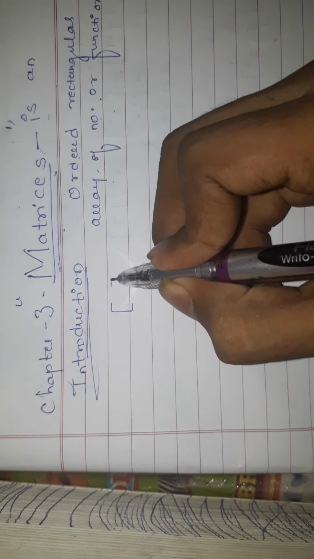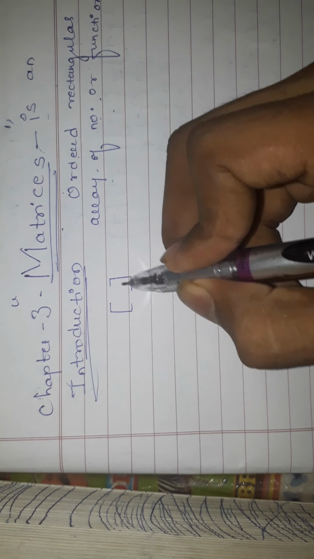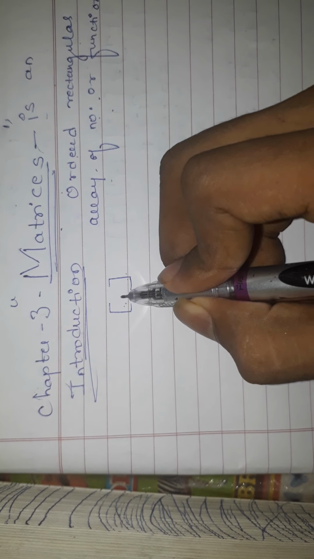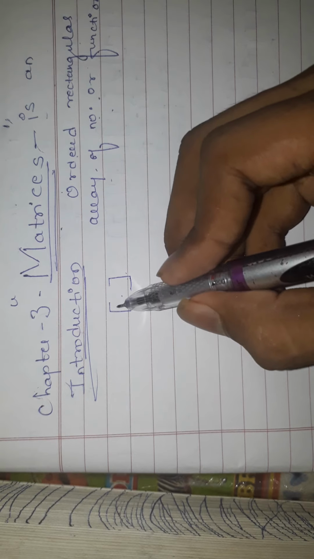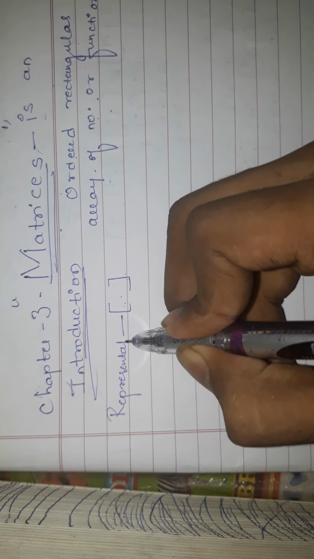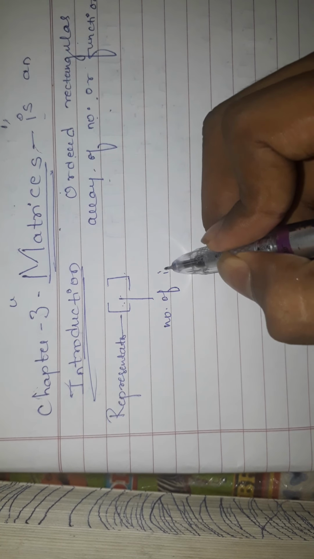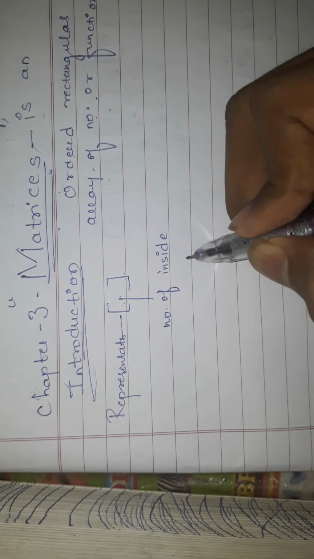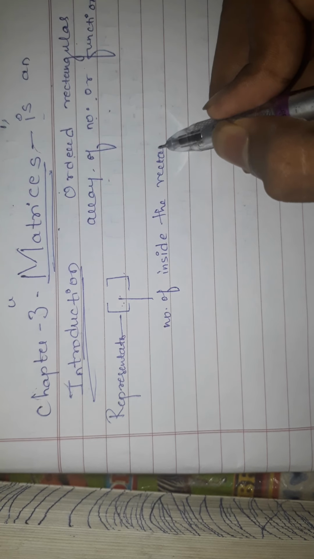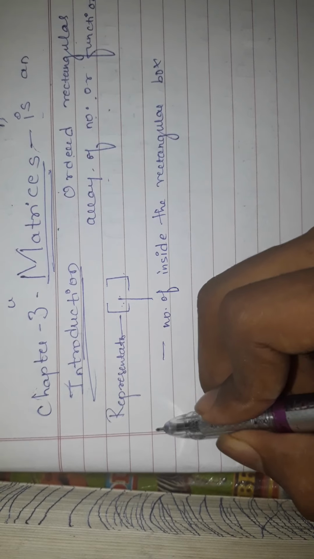What does the array mean here? If any computer students are there, they know in programs they use array elements, where it is represented in this way. So in a matrix also we represent in this way, and inside this we write the numbers. Whatever numbers we write inside the rectangular box, we say them as elements.